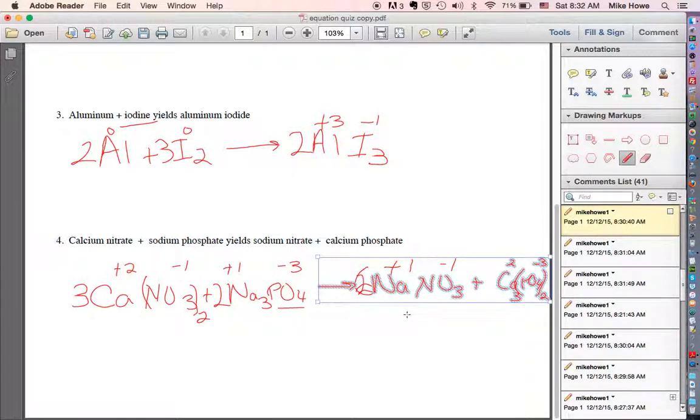Remember that the NO3 is one nitrate, so there are not 3 nitrates in this formula. There's only 1. So when I multiply it by 6, I now have 6 nitrates, which matches the 6 nitrates over here. So there's 3 here we put in a minute ago because of the 3 calciums. 3 times 2 made 6 nitrates. Over here we've got 6 nitrates, so I'm finished.